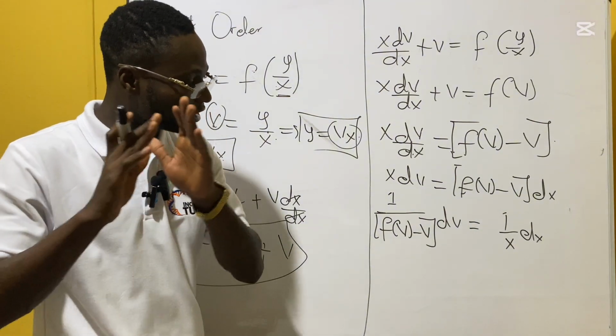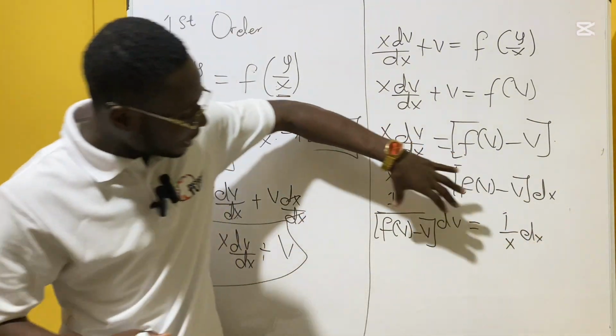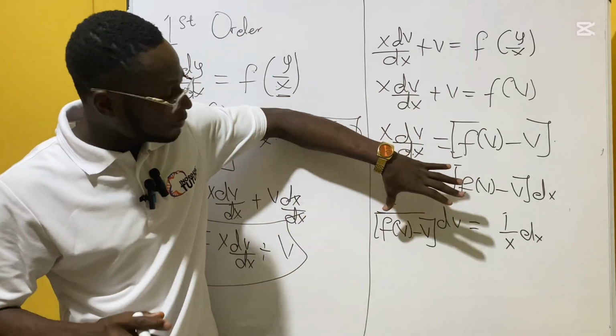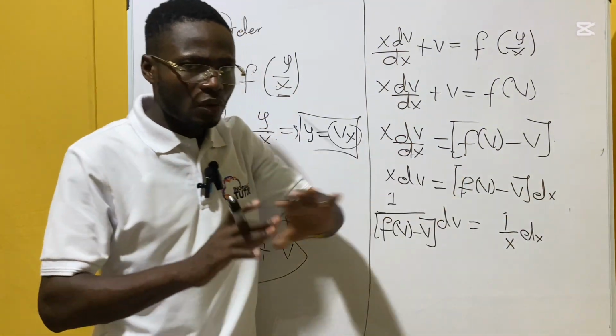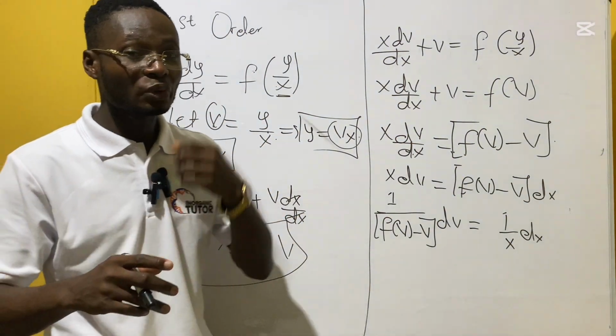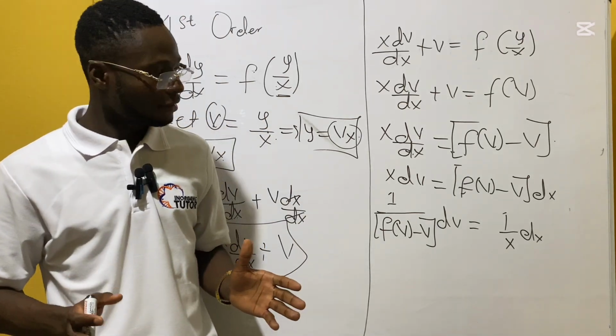We have separated them into different components, right? So we have a function of v in terms of v only, and then a function in terms of x only. So now, because we have been able to separate them, we can integrate with ease, right?